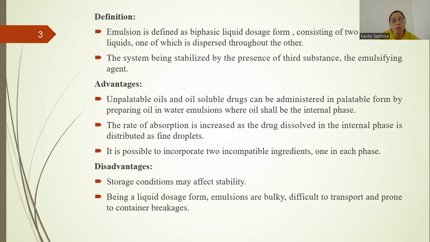It is possible to incorporate two incompatible ingredients, one in each phase. We know that emulsion contains two immiscible liquids. One is the oil phase, another is the water phase, and both phases are immiscible.